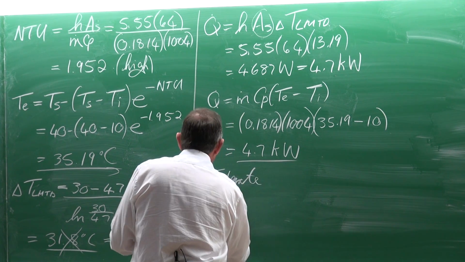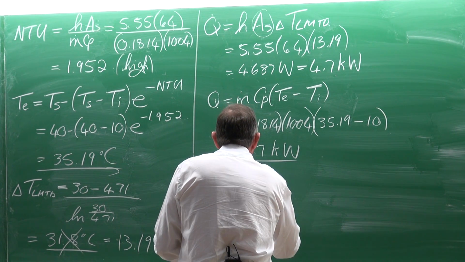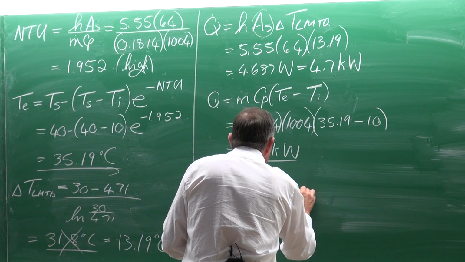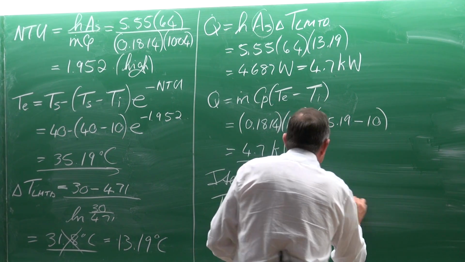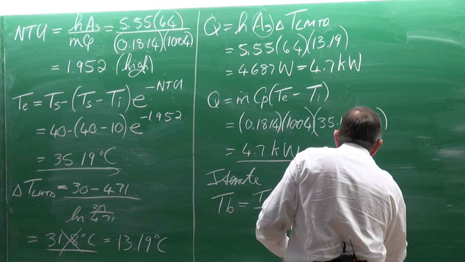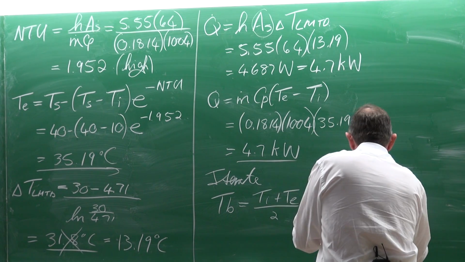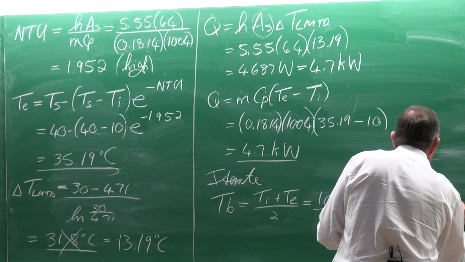So you need to iterate and calculate the new bulk temperature, which is now the inlet temperature plus the outlet temperature divided by 2. The inlet temperature is 10. Our outlet temperature is 35.19, divided by 2, and that is equal to 22.87 degrees Celsius.